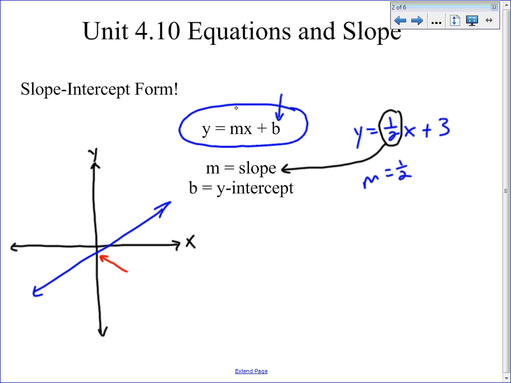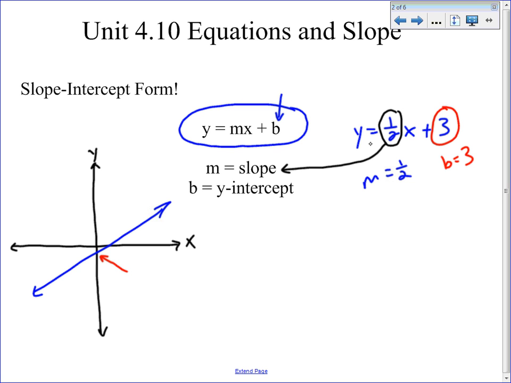Well, when an equation is written in this form, we automatically know that whatever number at the end is going to be our y-intercept. We use the letter b for y-intercept. So in this example, b would be 3.